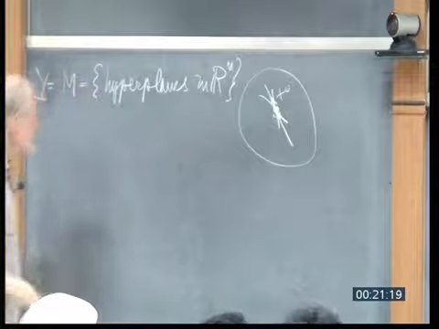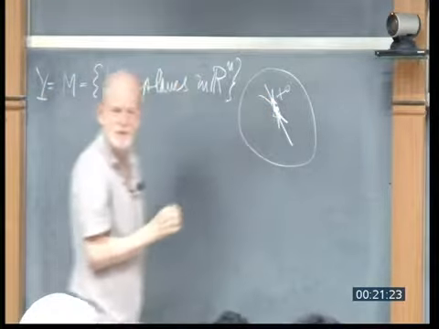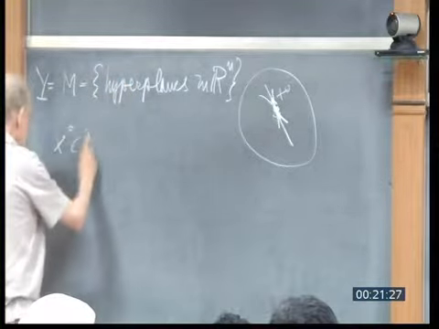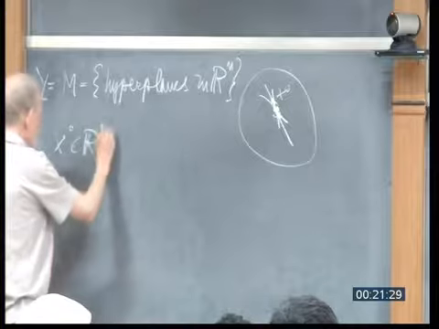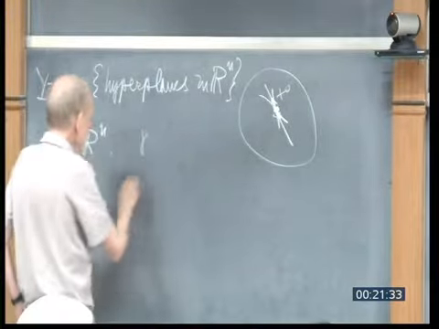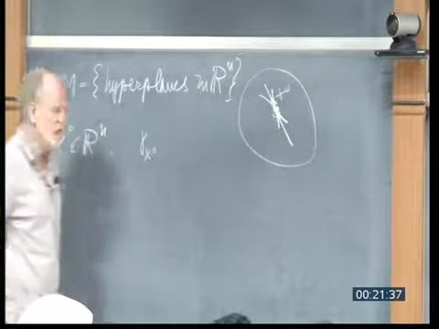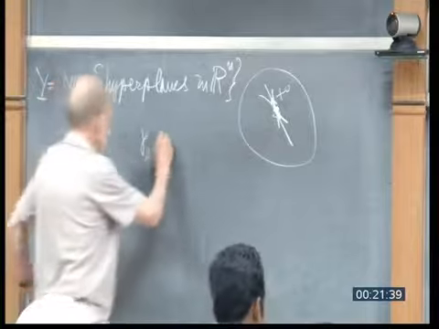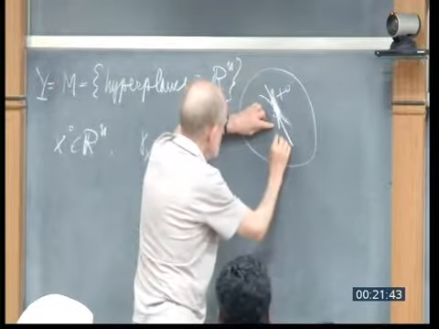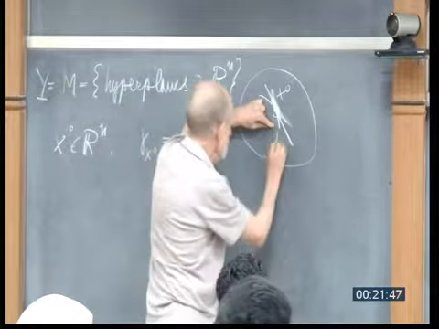Then I suggested to specify such pieces of hypersurfaces by giving a point in Rn and defining something I will denote by gamma sub x0, which is going to be one of those pieces of hypersurfaces.